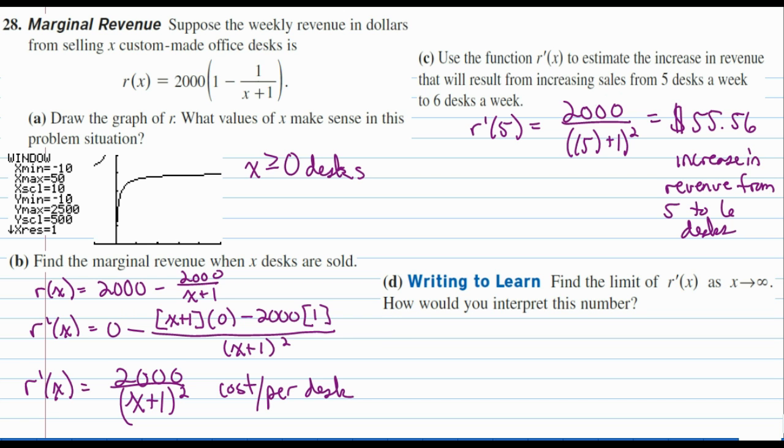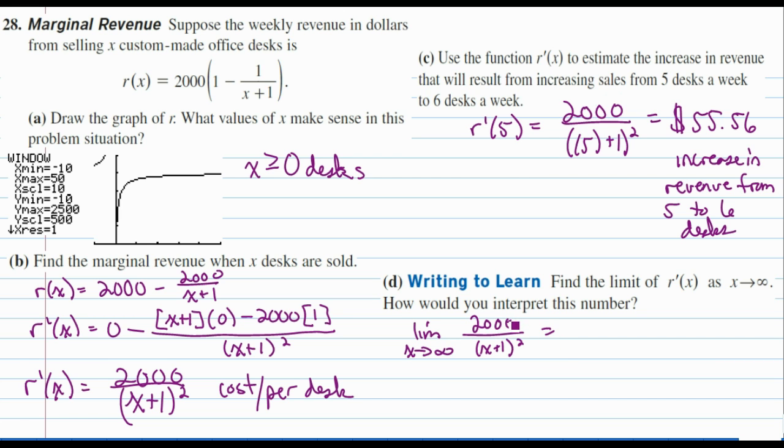Part D. Find the limit of R prime as x approaches infinity. How would you interpret this number? Well, the limit as x approaches infinity of R prime, which is 2,000 over (x+1) squared.